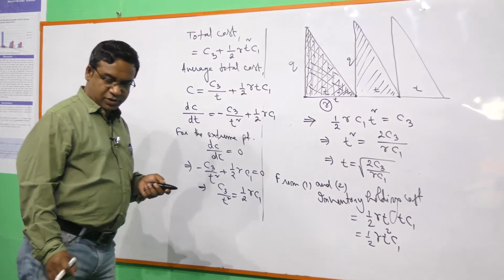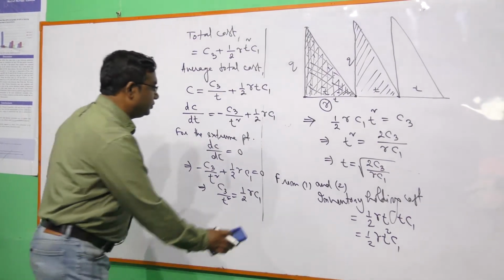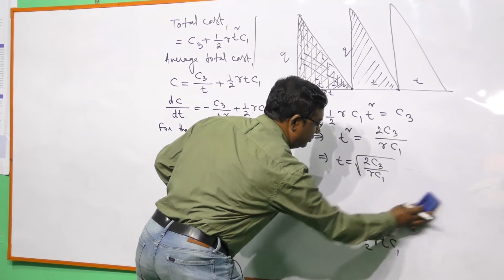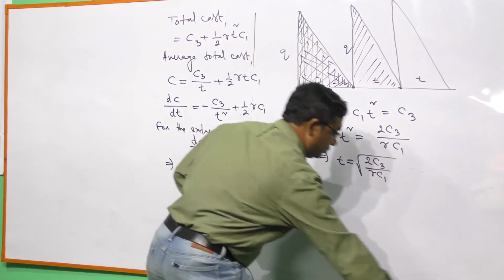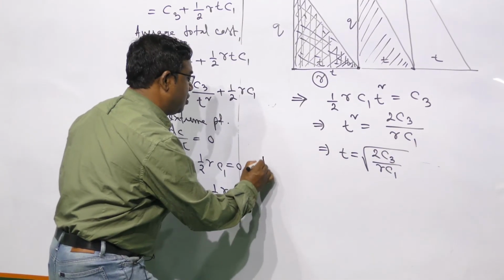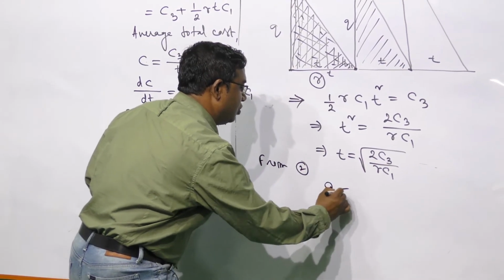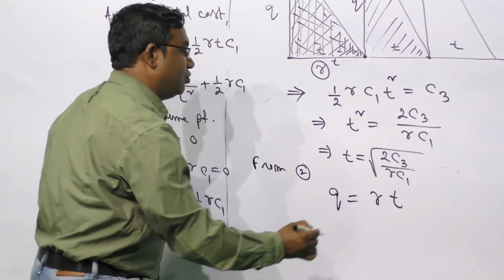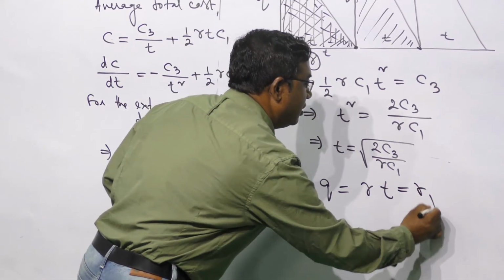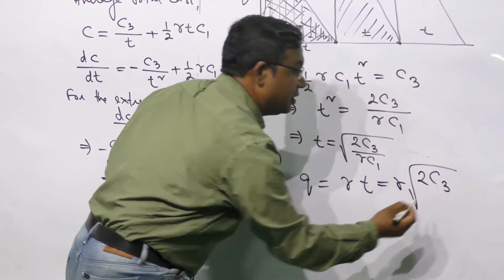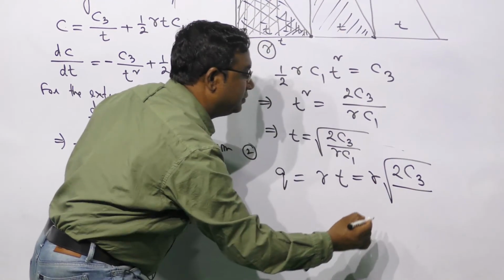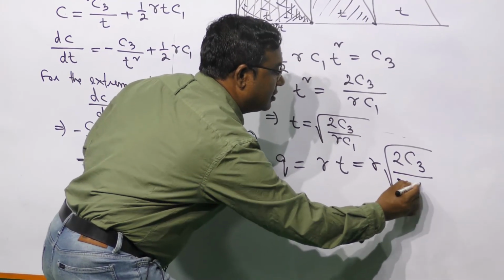Then from equation 2, Q equals RT, putting the value of T as root over 2 C3 by R C1.